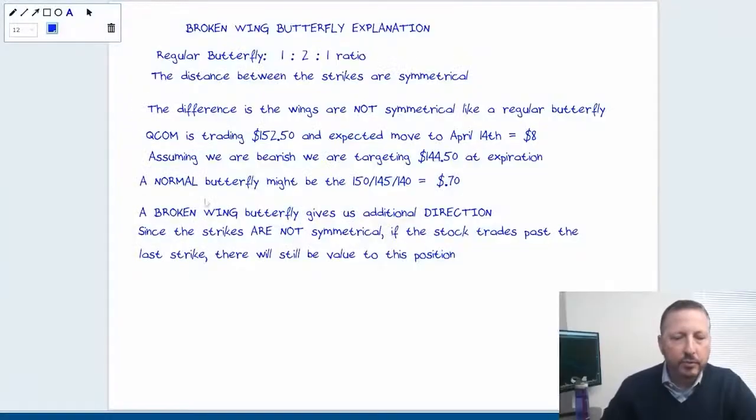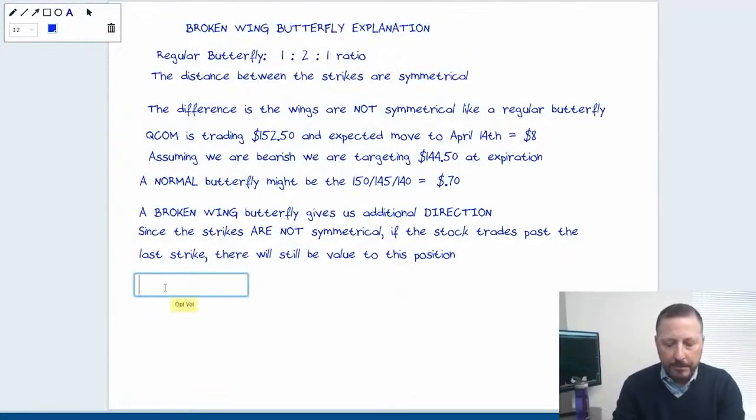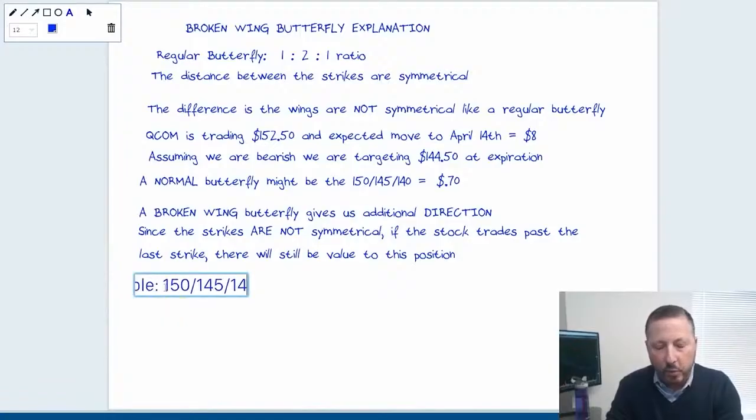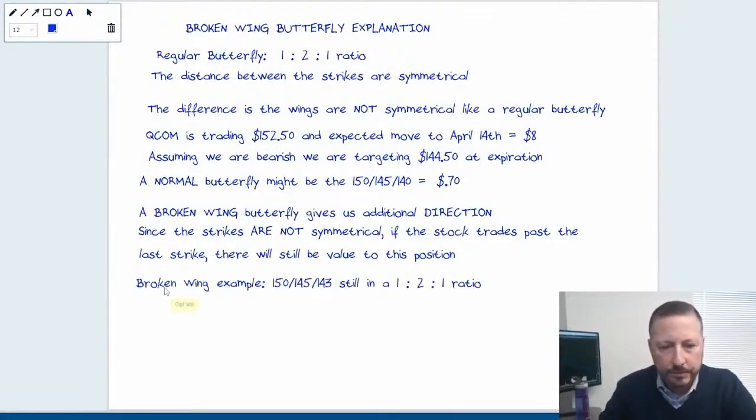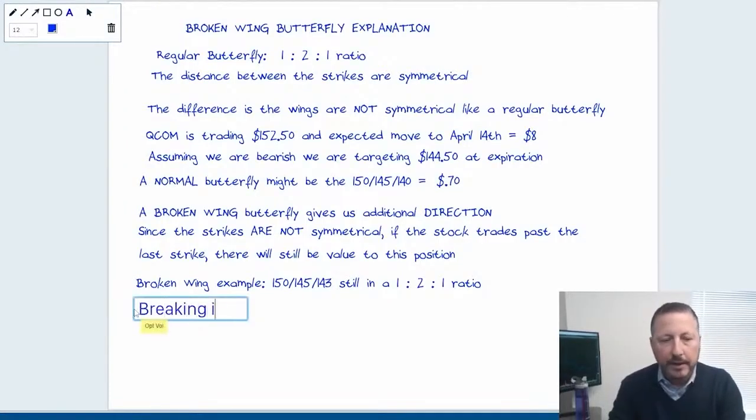But let's really see what happens. Okay, so the broken wing is the 150, 145, 143. Still in a 1 to 2 to 1 ratio. Okay, when you break that down, what do we have?